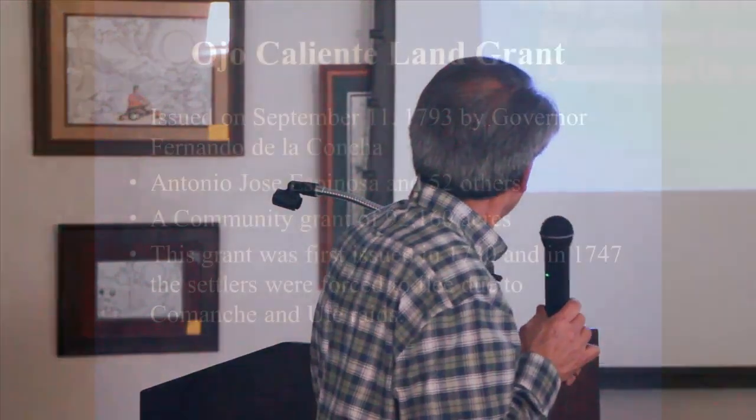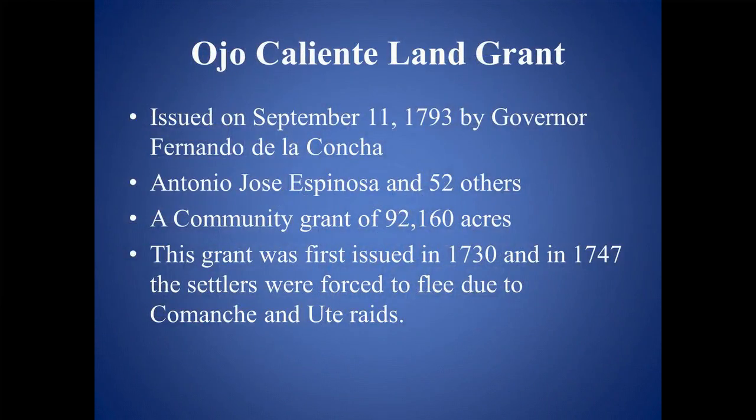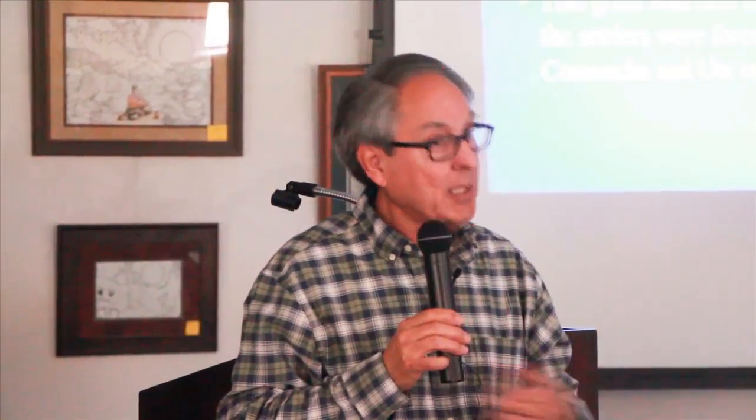The Ojo Caliente land grant, like I said, was awarded in 1793 by Governor Fernando de la Concha to Antonio Jose Espinosa and 52 other individuals. It was huge, 92,000 acres. It was first issued in 1730 to some Martin Serranos. They could not settle it because of the attacks.